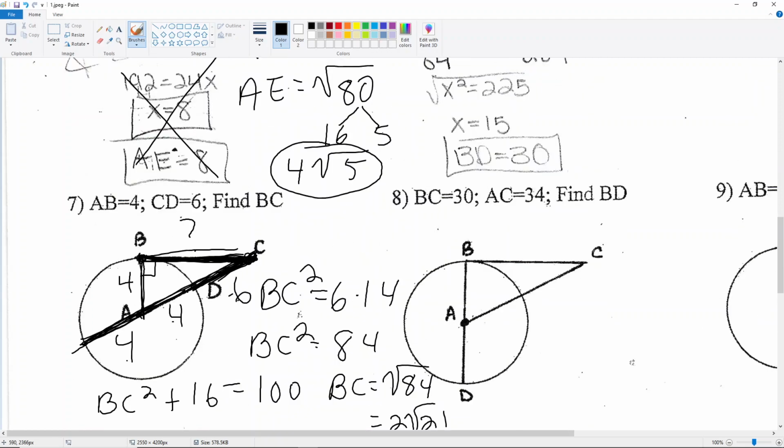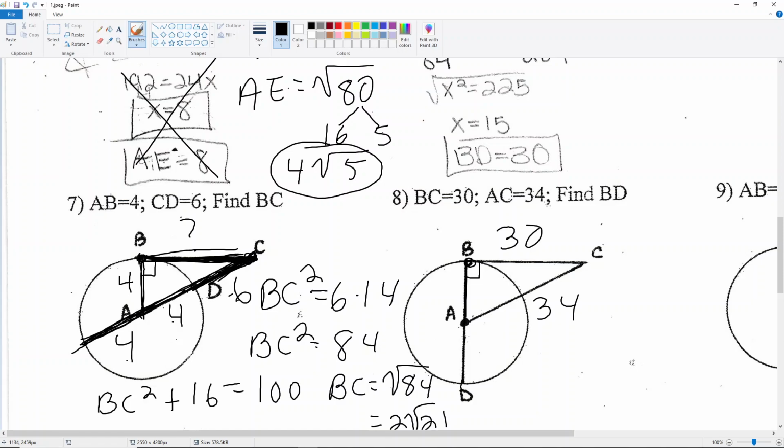BC equals 30. AC equals 34. Find BD. Well, this is a right angle. I think this is supposed to be a tangent point, so I'll just draw it in. If it's not, then I'm wrong, but I think it is. We can find AB using the Pythagorean theorem, then multiply it by 2 to find BD.